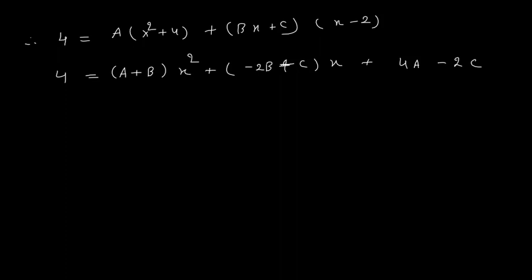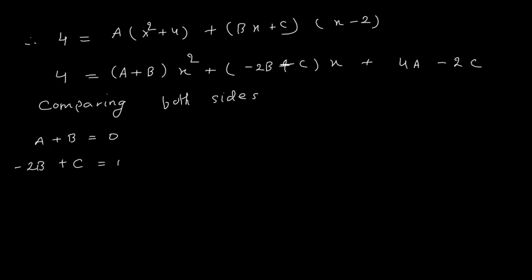So comparing both sides, we will get a plus b as 0, we will get minus 2b plus c as 0, and we will get 4a minus 2c as 4. So these are three equations: equation 1, equation 2 and equation 3.